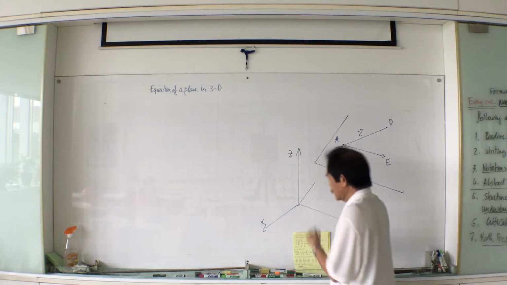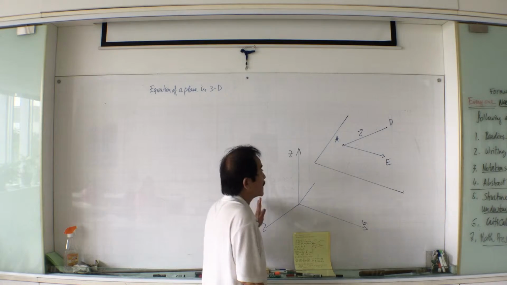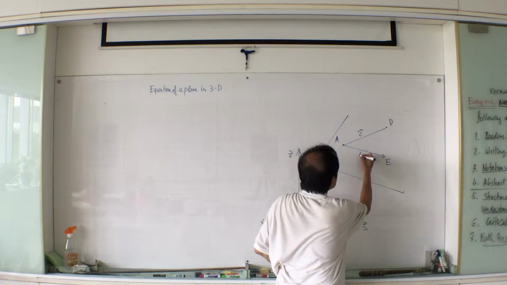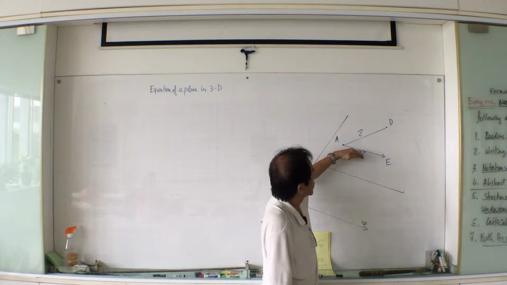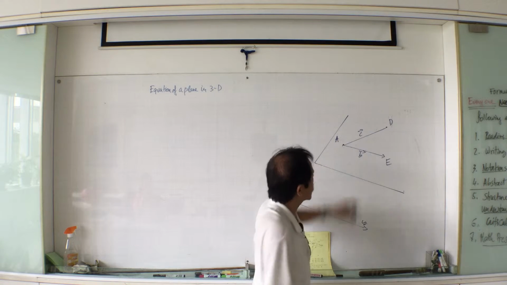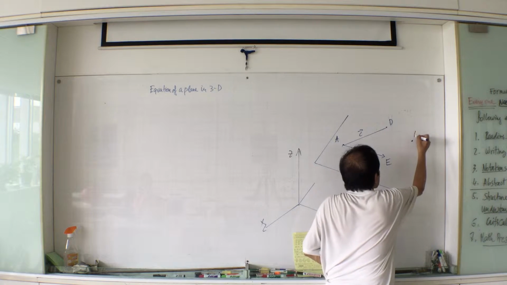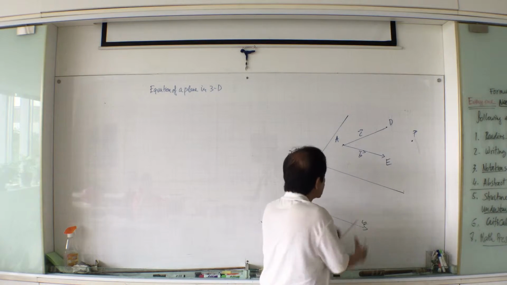So now I repeat again. You have two vectors like this. If you take the multiplication and the sum of two vectors, a combination of two vectors, you get any point P right here. You can write it as the vector AP.